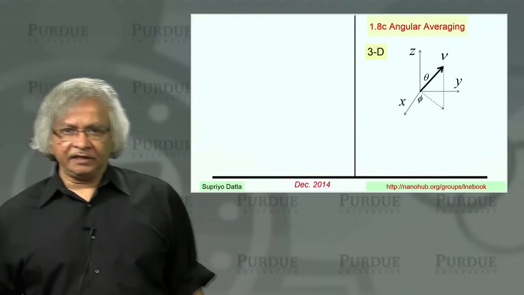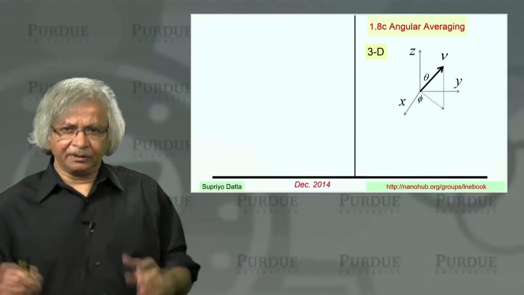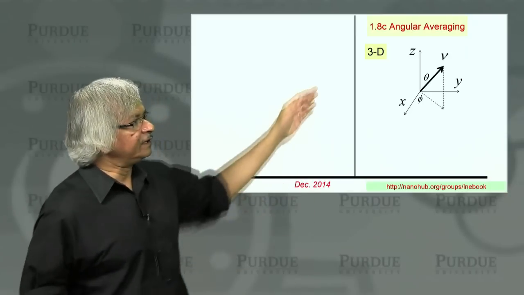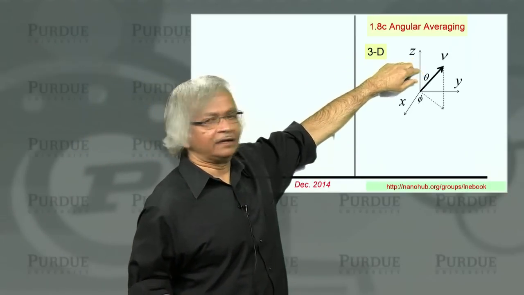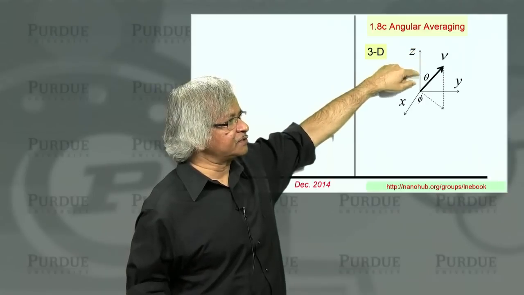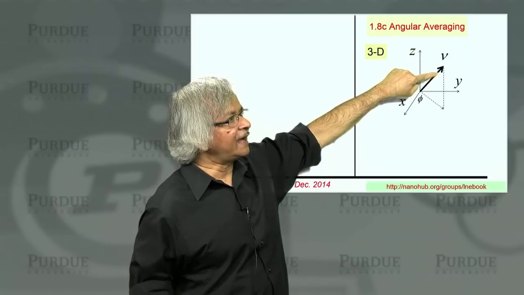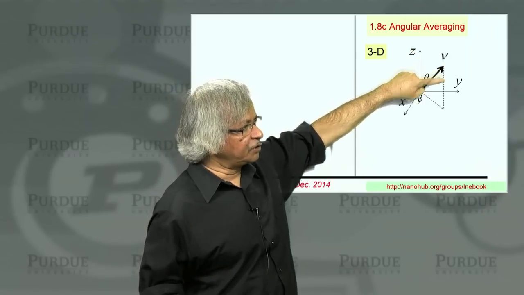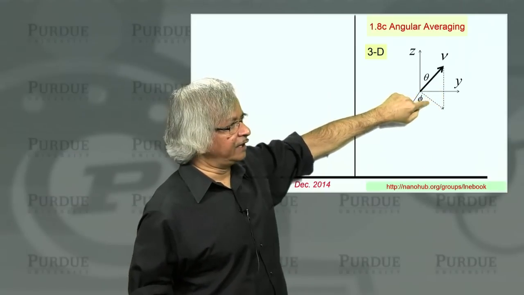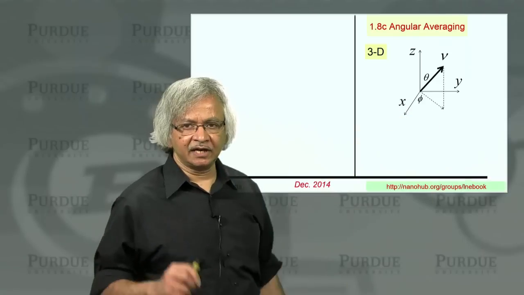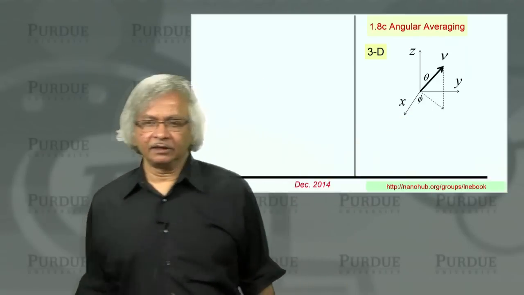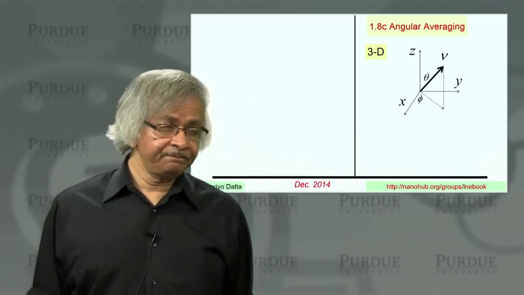Now for the 3D case, which is the most complicated, I guess, mathematically. Here the way you think of it is, you have these two angles. One angle is with respect to the z-axis, and then you project it down to the xy plane and look at the angle with the x-axis. So there are these two angles, theta and phi, which define a particular direction in 3D.